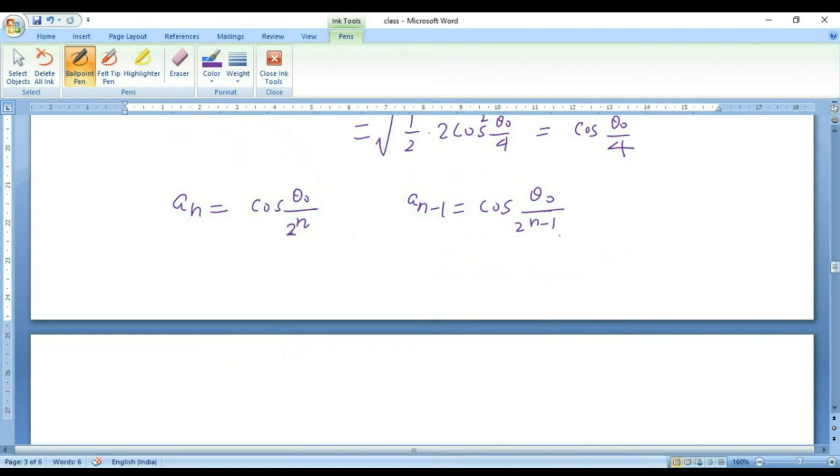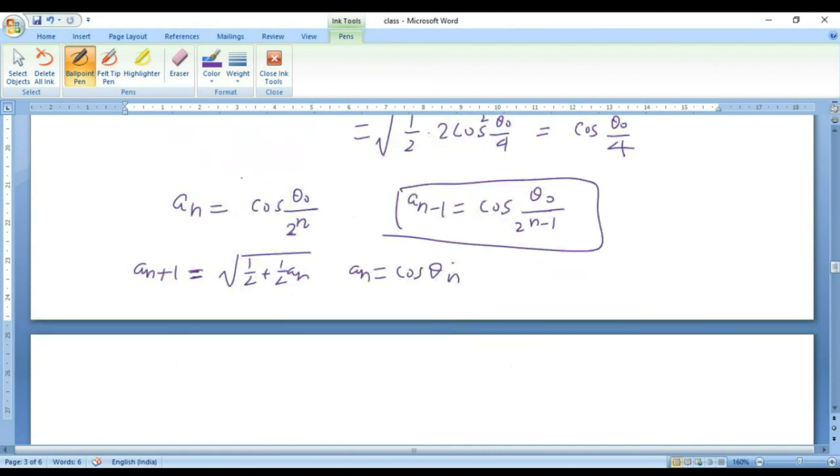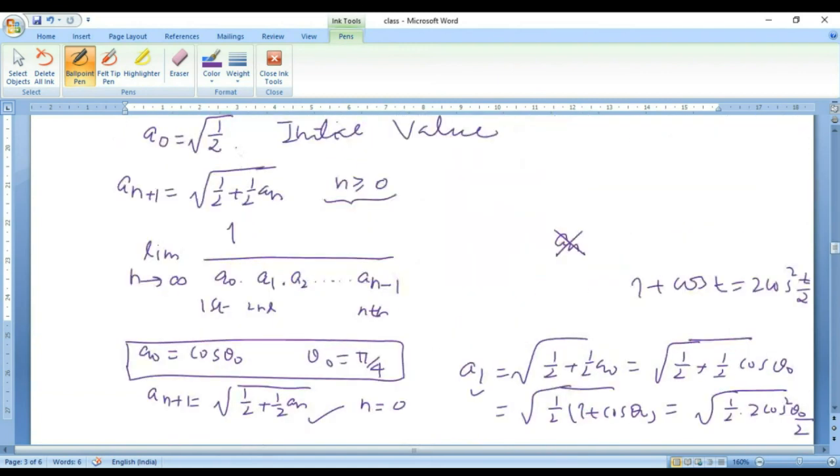Still another way to look at the same thing is that I could have written a n plus 1 is half plus half a n, and I could have taken a n is cos of theta n, then theta n will again give you the same thing, theta naught over 2 to the power n. So let's now rewrite what we got using this. This was the problem, that we have to calculate the limit of 1 over this one, 1 over a naught, a1, a2, this one.